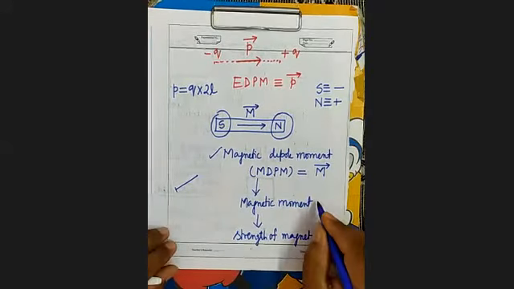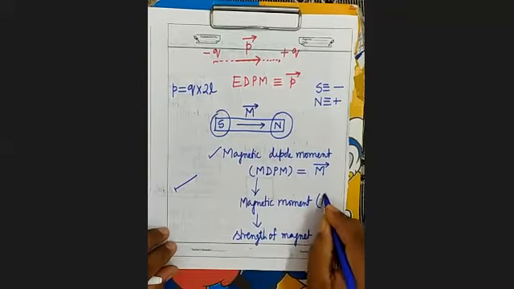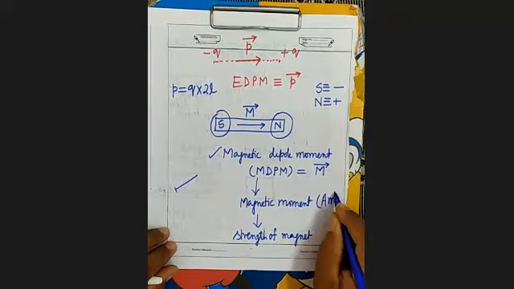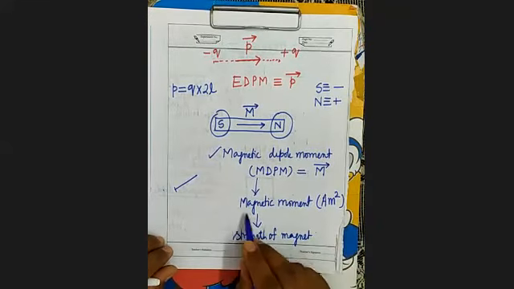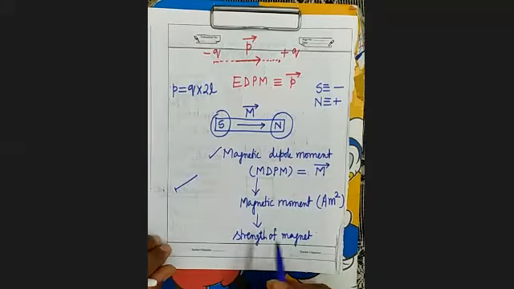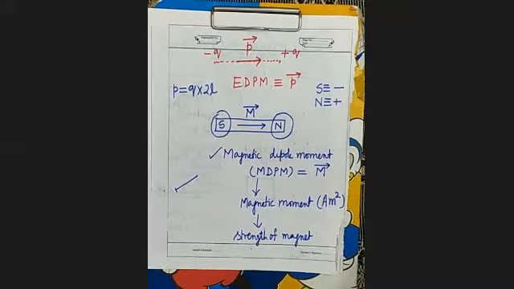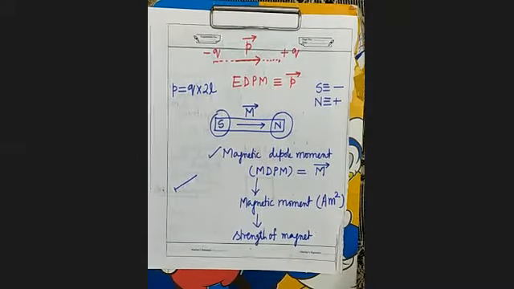What is the SI unit of magnetic moment? That you will study afterwards, but I am telling you here: A into m square. Is it clear? So magnetic moment describes the strength of the magnet, meaning how powerful the magnet is.